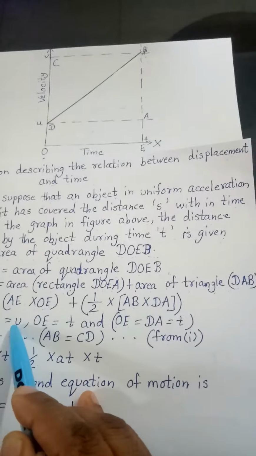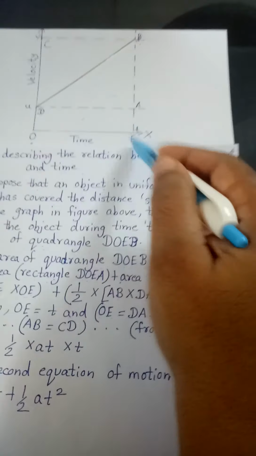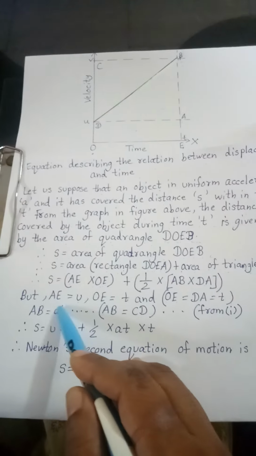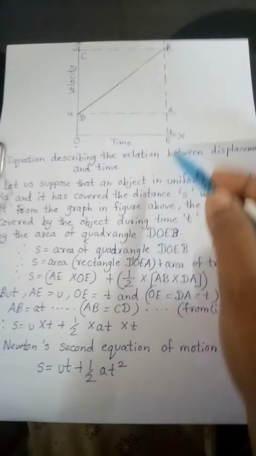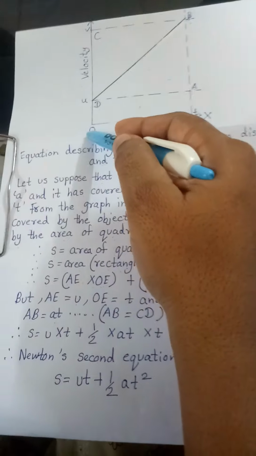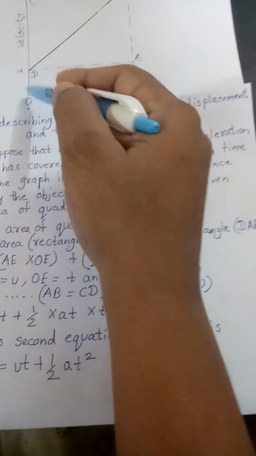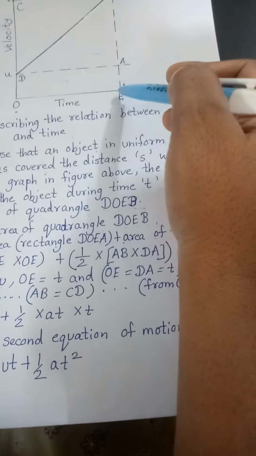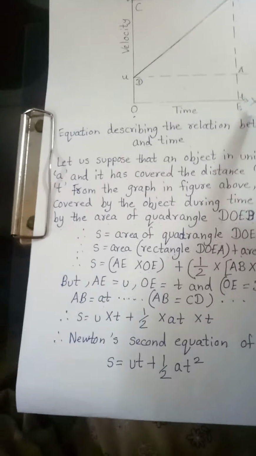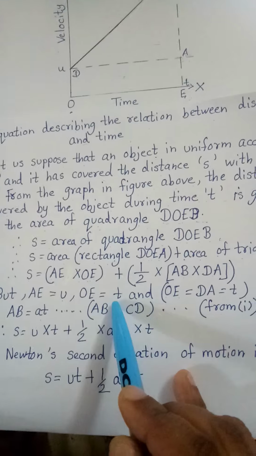So AE is equal to U, because OD is U, as we have seen in the first equation, and AE is parallel to OD. OE is T, because it is a time only.